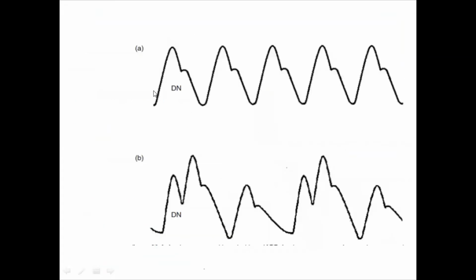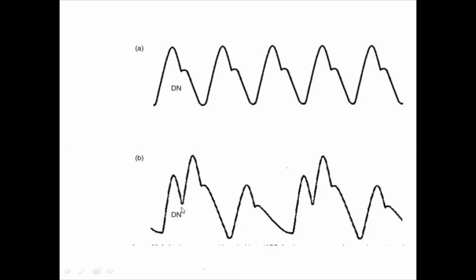Here, A shows the normal aortic hemodynamic tracing: the ascending limb, the dicrotic notch, descending limb, ascending limb. This is the normal aortic pressure. If I have an intra-aortic balloon pump with augmentation of 2-to-1, this is the initial aortic pressure.